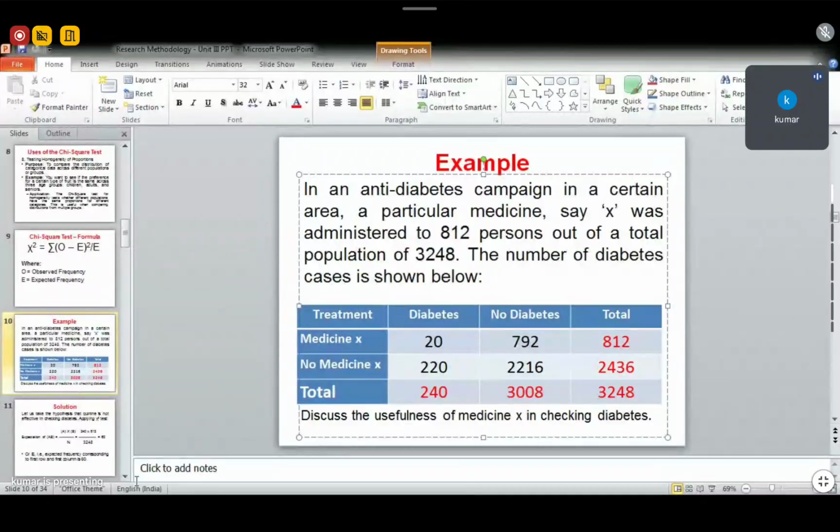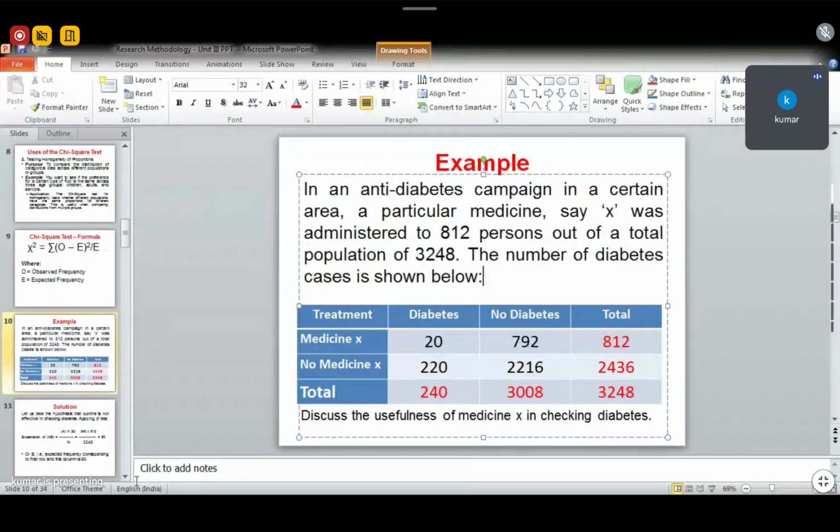Out of them, only 812 persons were administered this medicine X, that is, treatment is given. Now, the number of diabetes cases is given in the table. When you go through the table, you can see medicine X is administered on 812 persons in total. On the remaining 2,436 persons, no medicine was administered.